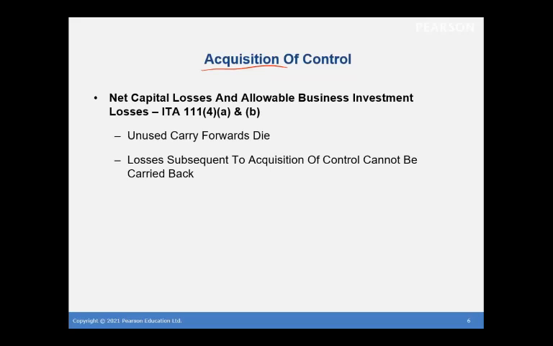So net capital losses and allowable business investment losses, any unused carry forwards, they're using the word here, die. They expire. Losses subsequent, so after acquisition of control, cannot be carried back.